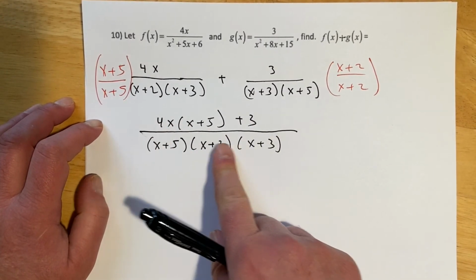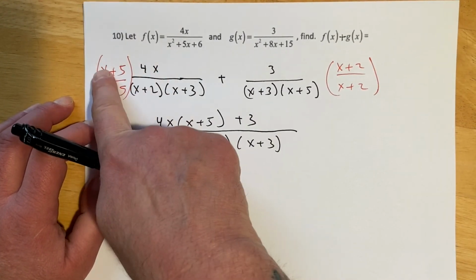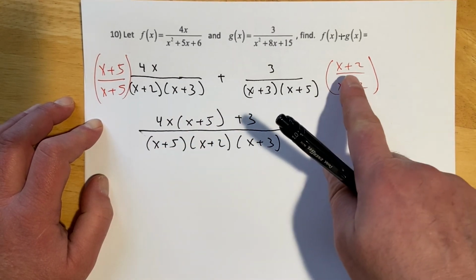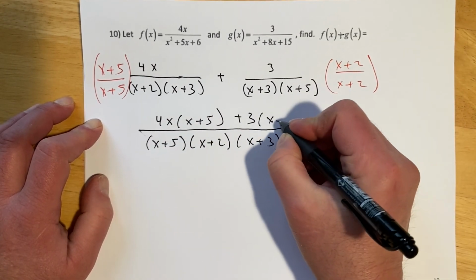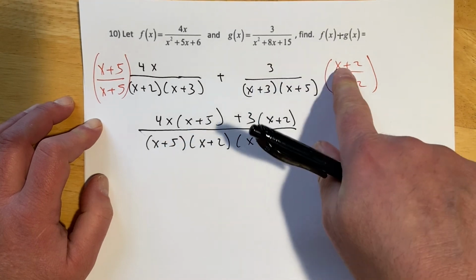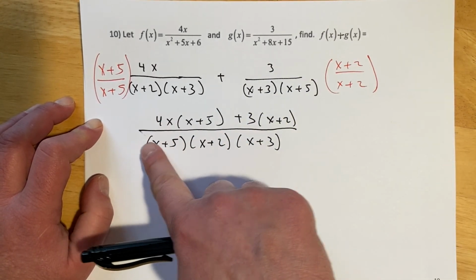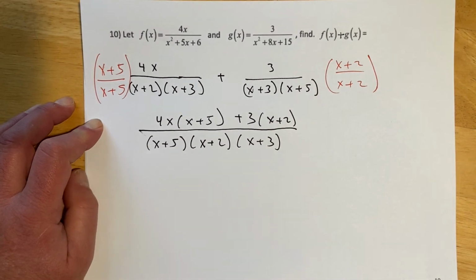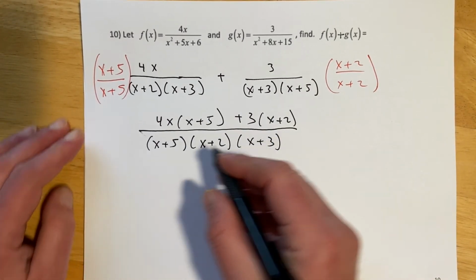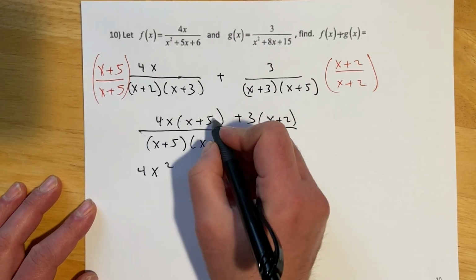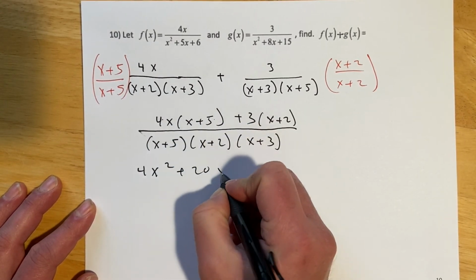And then I'll rewrite this down here with a common denominator. Okay, so here's this written out. I just wrote it as 4x times this in an order that's a little bit easier to see the distribute. And then, oops, I didn't actually write out that step, sorry. 3 times this x plus 2 is what would be happening there. And that's all over the common denominator. So now we'll actually do the distributes. We've got 4x squared. 4 times 5 would give me a 20x.